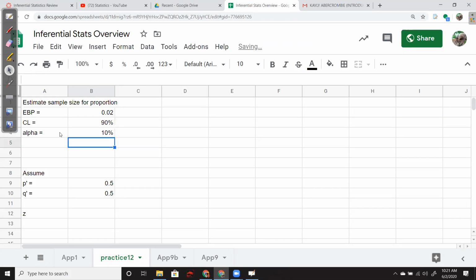And then we have to split that to the tails, so we also need alpha over 2, which is just alpha divided by 2. So I need to put 5% in the tails to find the z-score that goes with that.